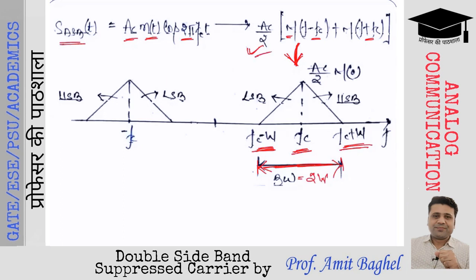Ac by 2 is the amplitude. Hence, Ac by 2 M(0) will be the strength of M(f) at fc. We are going to have the two sidebands. One is the upper sideband, जो कि आप ऑब्जर्व करने वाले हैं in the frequency range of fc to fc plus W, and then we are going to have the lower sideband which we will observe in the frequency range of fc minus W to fc.